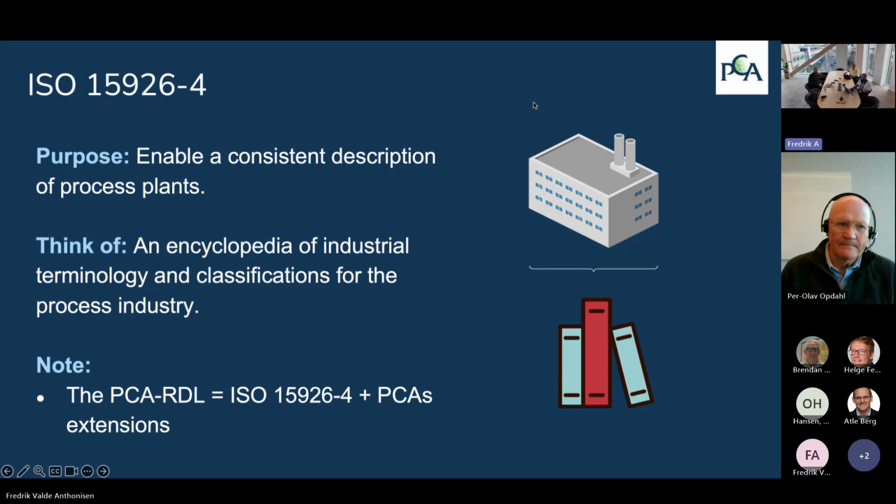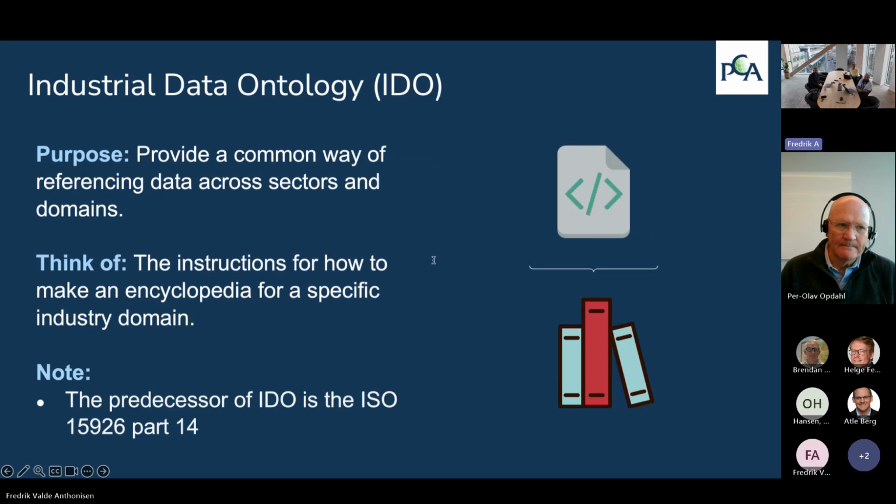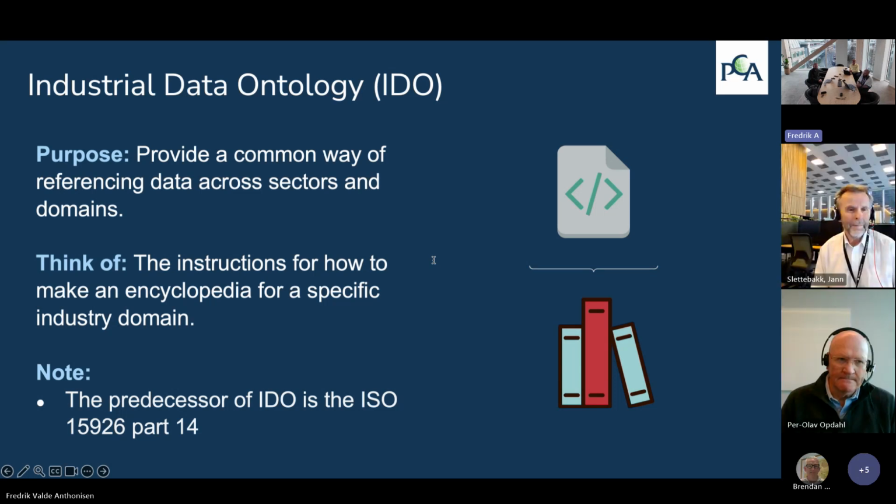Another standard that is very important in this space is the Industrial Data Ontology, IDO. This is a standard that's in progress now. It's going through the ISO process to become part of something that's called OBI. But the purpose of IDO is to provide a common way of referencing or describing data across sectors and domains.